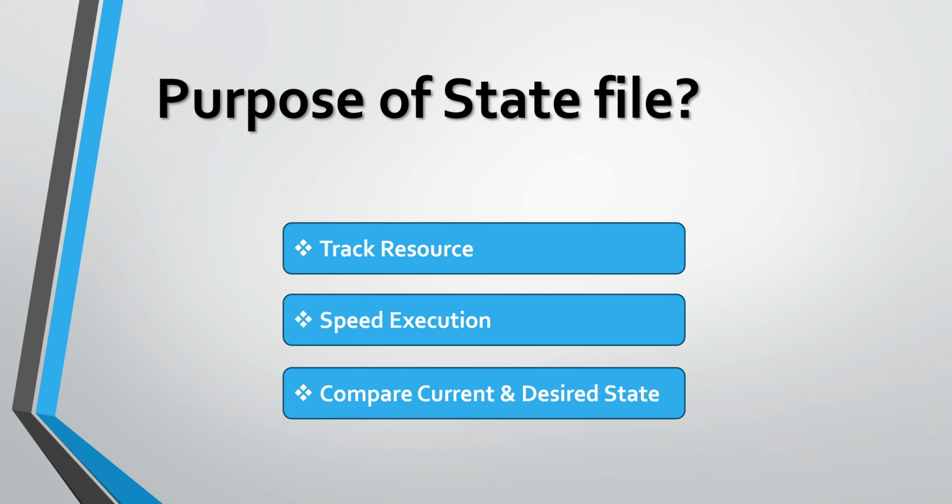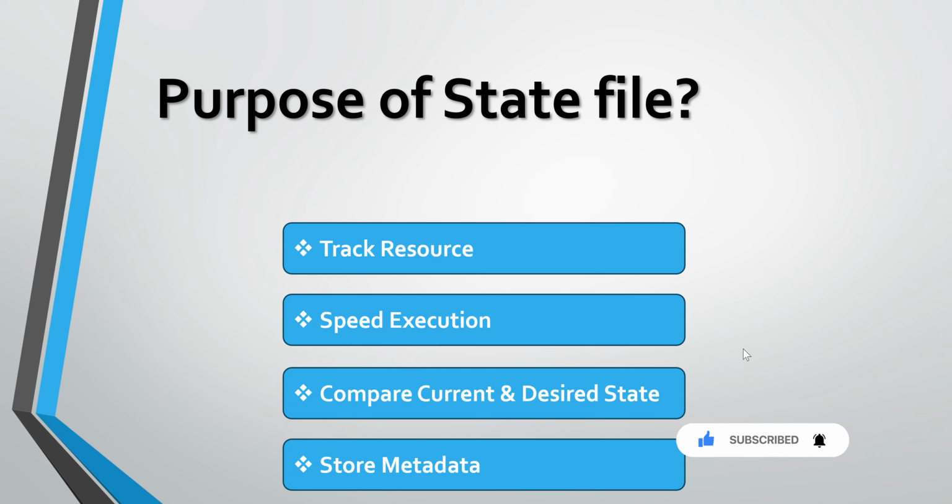If Terraform finds any mismatch during the comparison, then Terraform will help to recreate or create the resources on the cloud, whether it is AWS, Google Cloud, Azure, or any other provider that you are using in Terraform. Now, it also stores the metadata. When you are storing all the information, Terraform also stores the metadata of your resources.